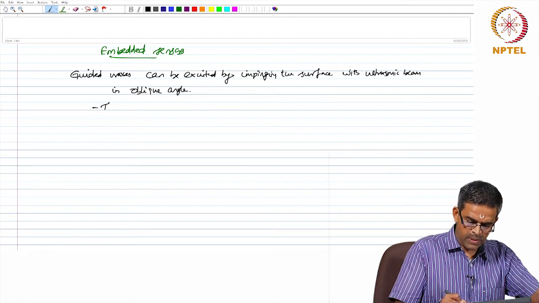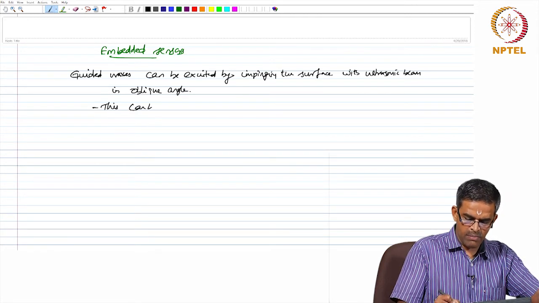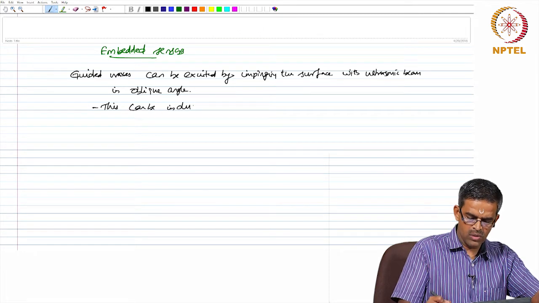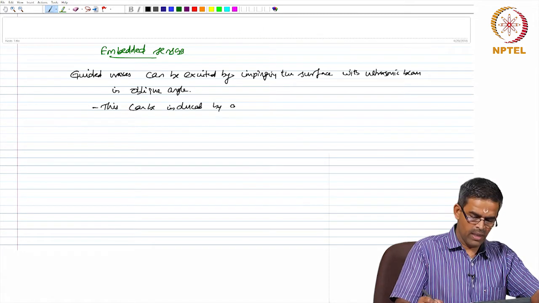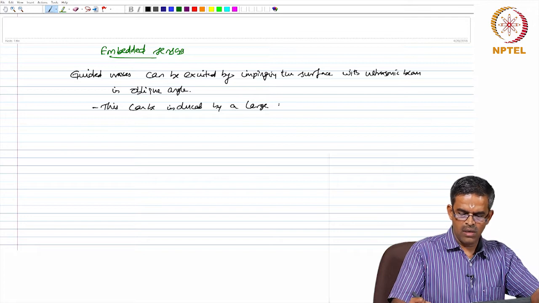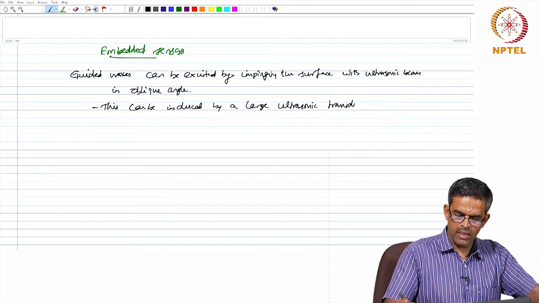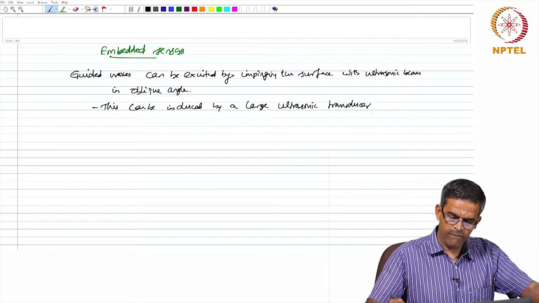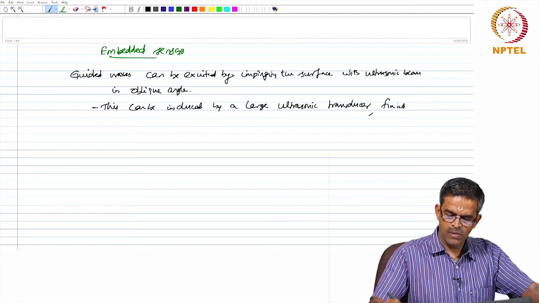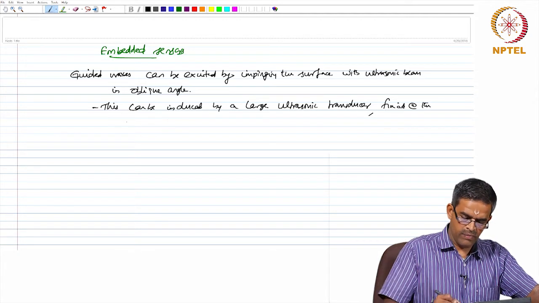This can be induced by a large ultrasonic sensor or ultrasonic transducer fixed at a wedge.